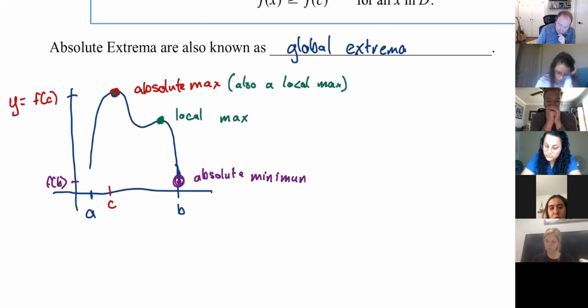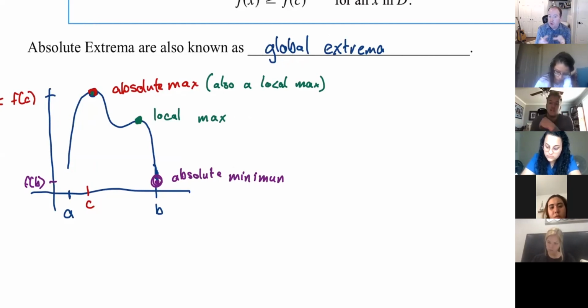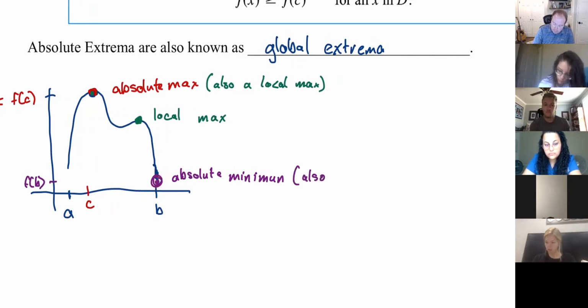That would be f of B. So it wouldn't be the whole point. It would just be f of B, whatever that value would be. If we had a function associated with it, we could plug it in. So notice that that is an absolute minimum. And notice that this is also a local minimum.